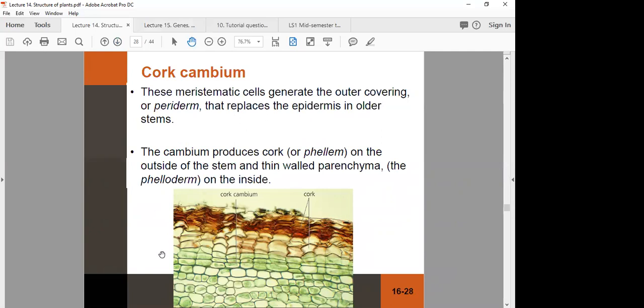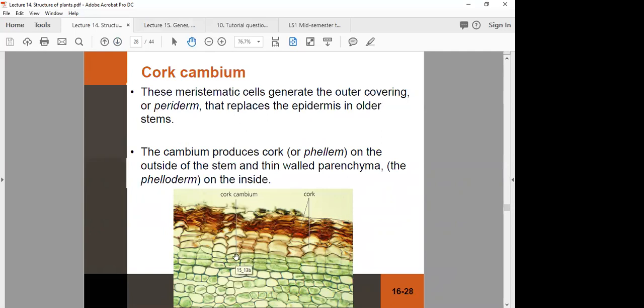All right, let's look at that here. So here we have the cork cambium in this region here. So about 3 cell layers of cork cambium meristem, and they divide in much the same way that the vascular cambium meristem divides to produce one cell type on one side and a different cell type on the other side.